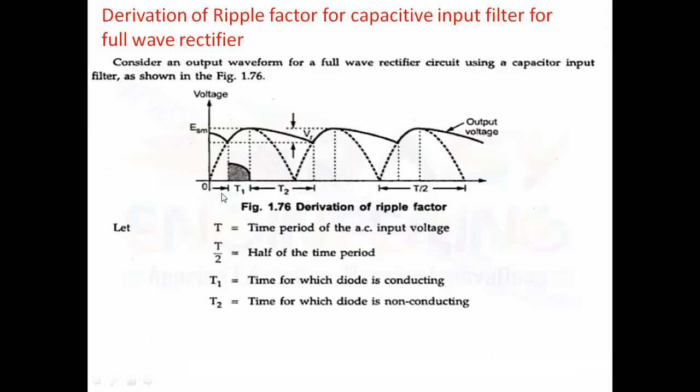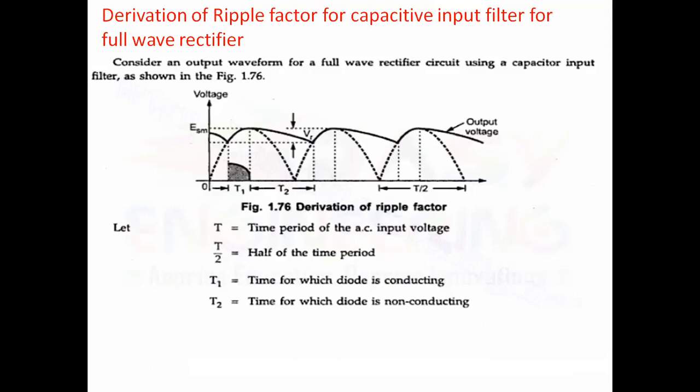T is the time period of the AC input voltage, that is, the total time of the input voltage applied. T by 2 is half of the input period. For a sine wave signal, the entire time period is T.